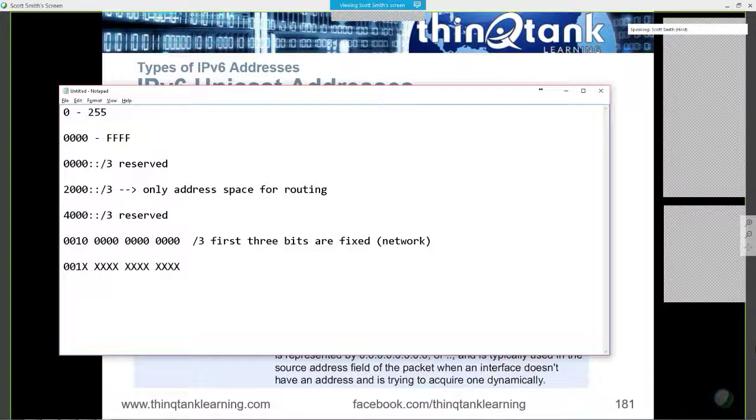So the usable global address routing range is 2000 through 3FFF presently. That's how I got up to 4000 as the next block. That's how I got from 0 to 2 as the first block. Does everybody understand how I got this here?